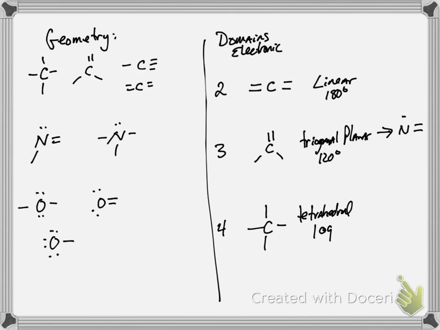But the molecular domains are more diverse. We see that in the electronic domain of 3, we can have a lone pair. This often is present in nitrogen compounds. So nitrogen compounds can have a double bond and a single bond, but still have a lone pair. So this is trigonal planar, but because it has a lone pair, it has those additional repulsions, making it bent or angular. Another is the tetrahedral electronic domain, where we have to consider the lone pairs present, again involving nitrogen.